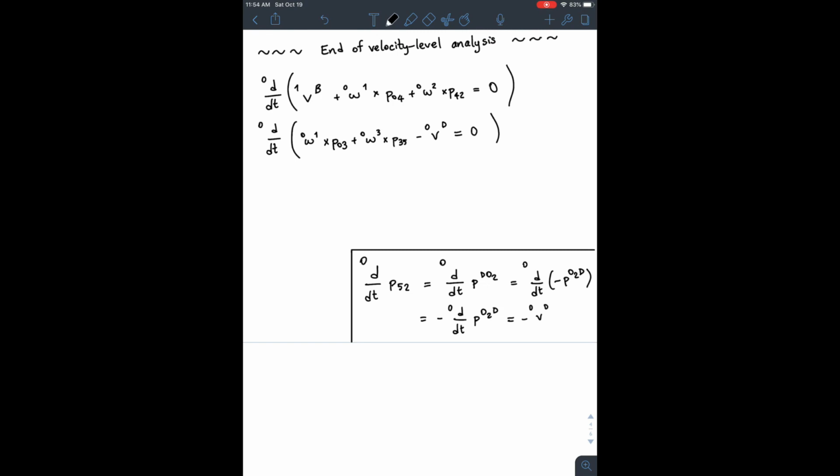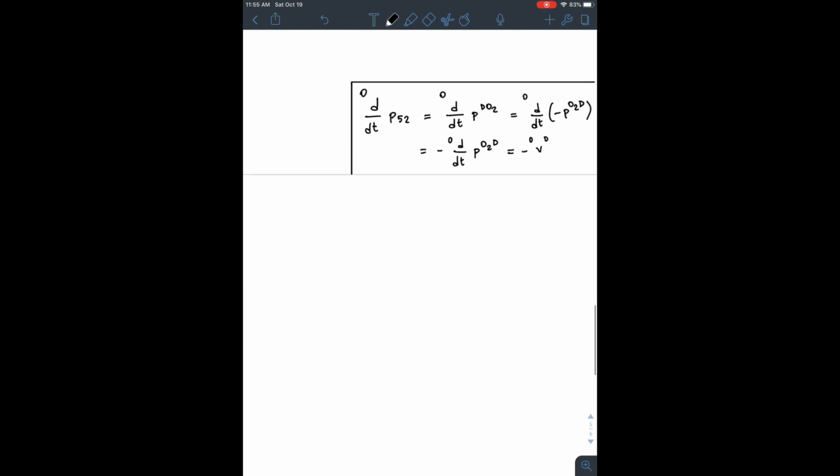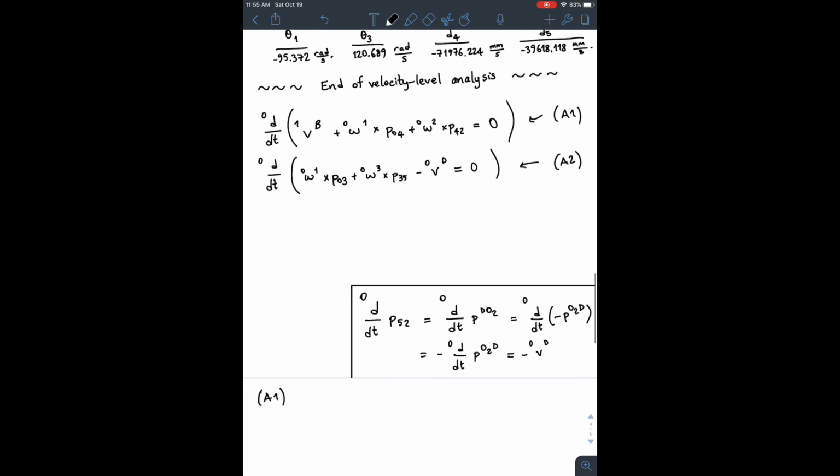So let's give this a name. For now, let's call it A1. Let's call this one A2. So when I'm taking the derivative, I can refer to them by those names. Let's go to the next page just to avoid clutter, and let's start working on A1.